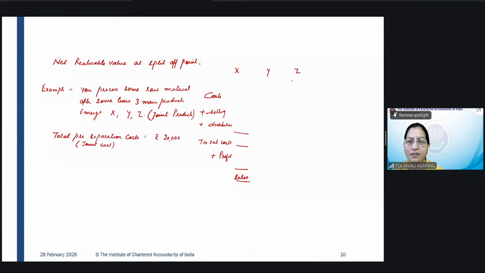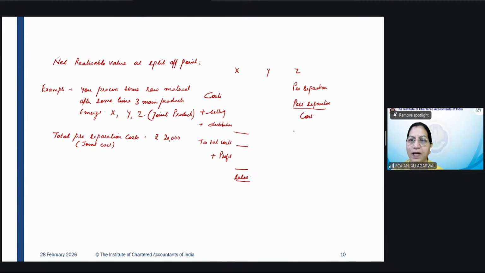So here also, first we will have pre-separation costs. Cost will be divided into two parts when you have a question of joint cost or joint products. You will have pre-separation cost and post-separation costs. This will give you the total cost.